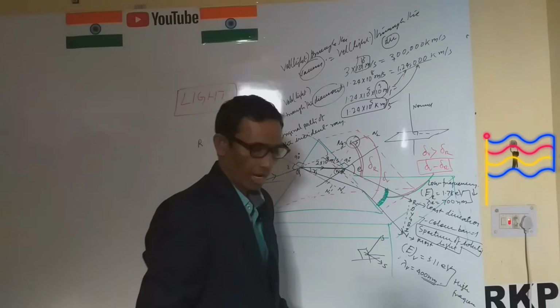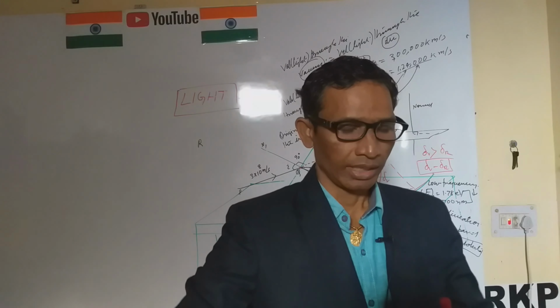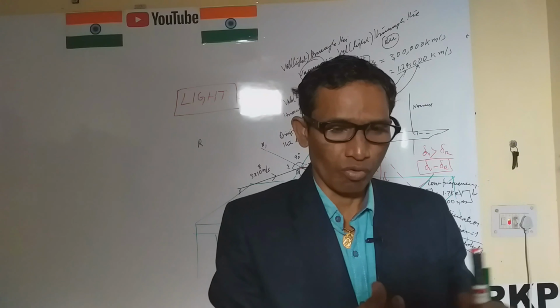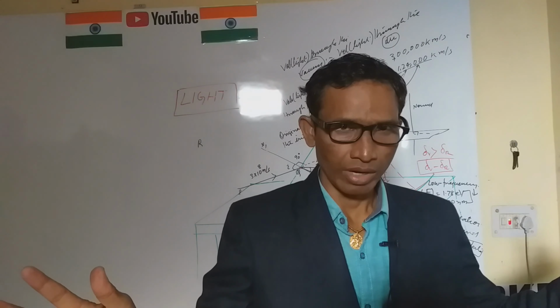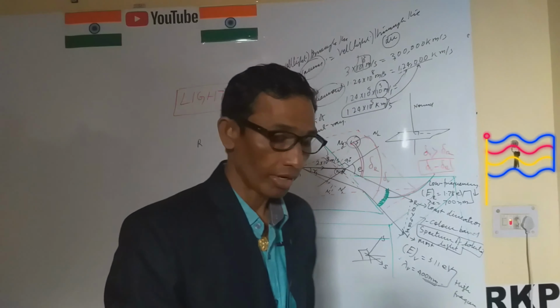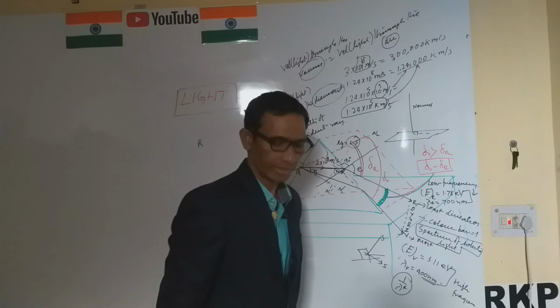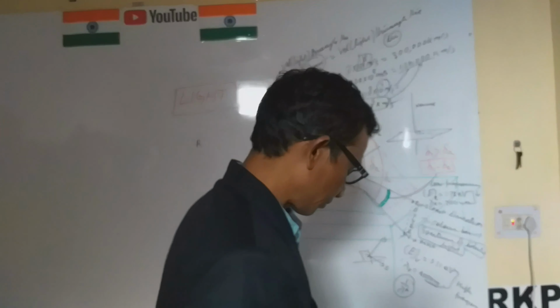If the frequency is high, the vibration is most. When the vibration is most, it scatters highly according to Rayleigh scattering, which is proportional to 1 by lambda to the power 4. Scattering is very high according to the Rayleigh criterion.